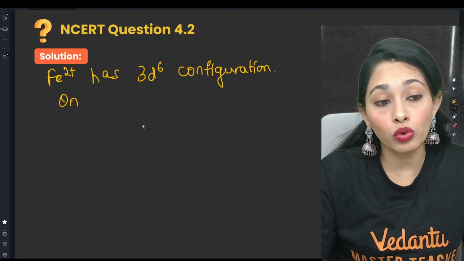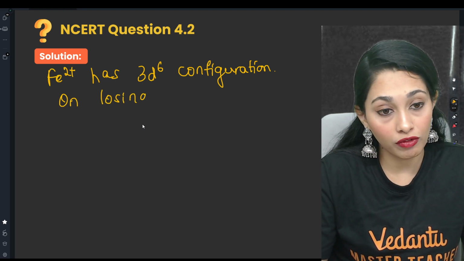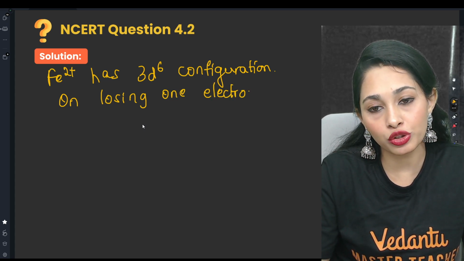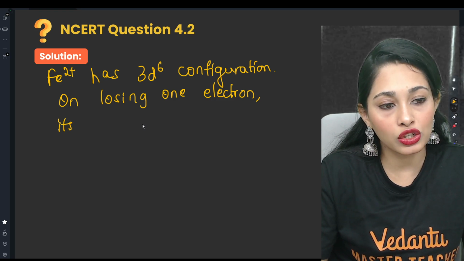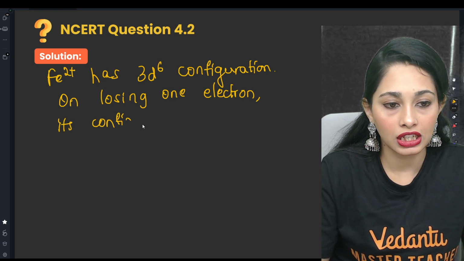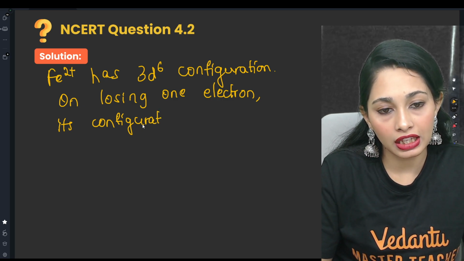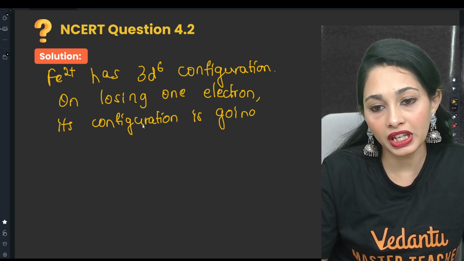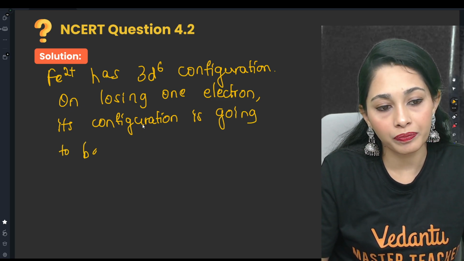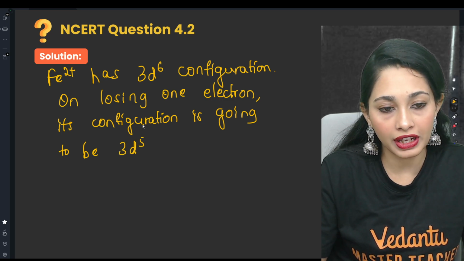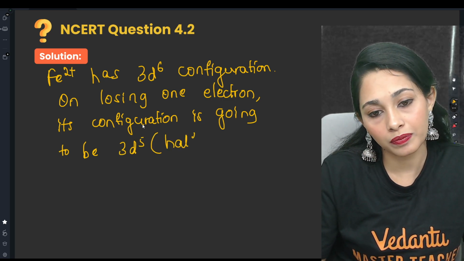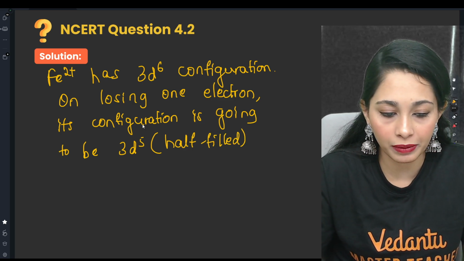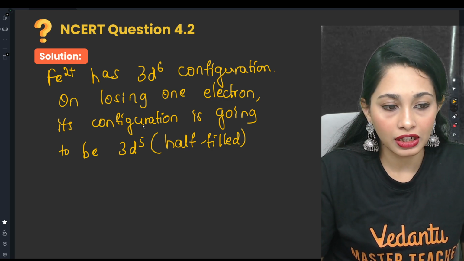On losing one electron, its configuration is going to be 3d5, which is half filled, and hence it is more stable.